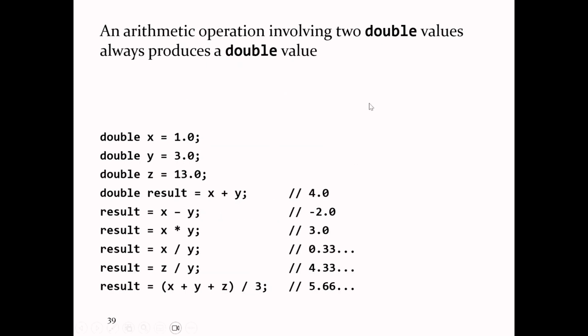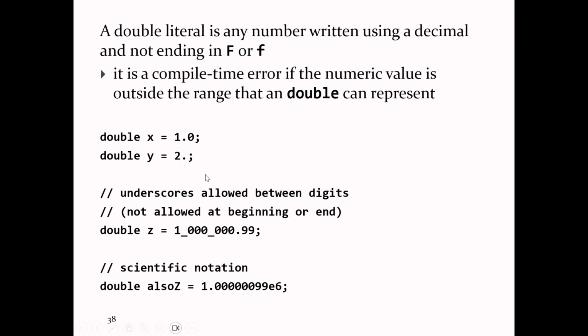Like int, if you do arithmetic with two double values, you always get a double value. So here I've got 1, 3, and 13. Oh wait, I just missed a slide. Here we go. So a double literal is anything with a decimal point in it. So 1.0 is a double literal. If you want a float literal, you put the f after it, so 1.0f would be the float literal instead. 2. is a double literal.